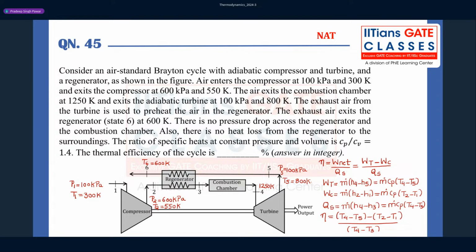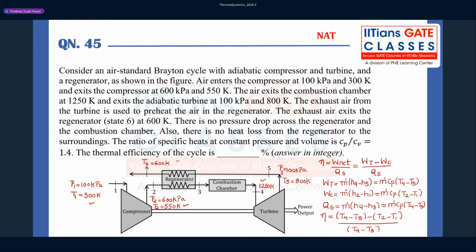Let's see what is known to us in this equation. T4 is known, T2 is known, T1 is known, T5 is also known. T3 is the only thing which is not known to us. How do we find T3?